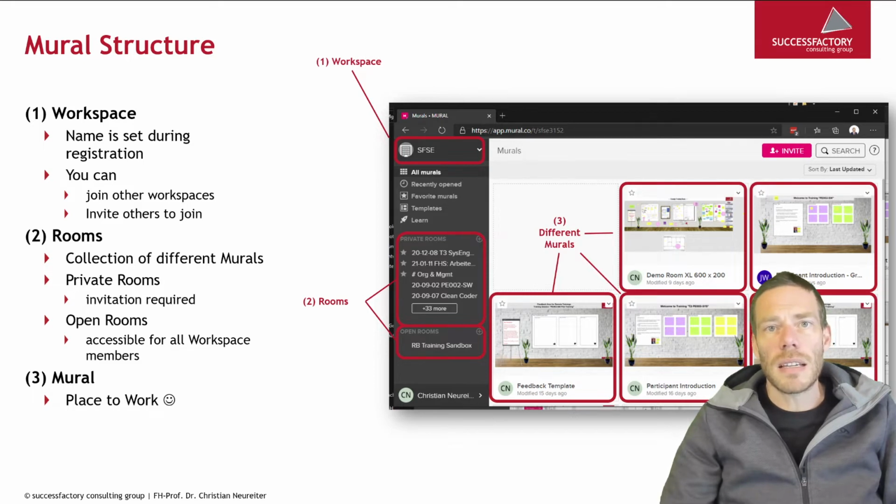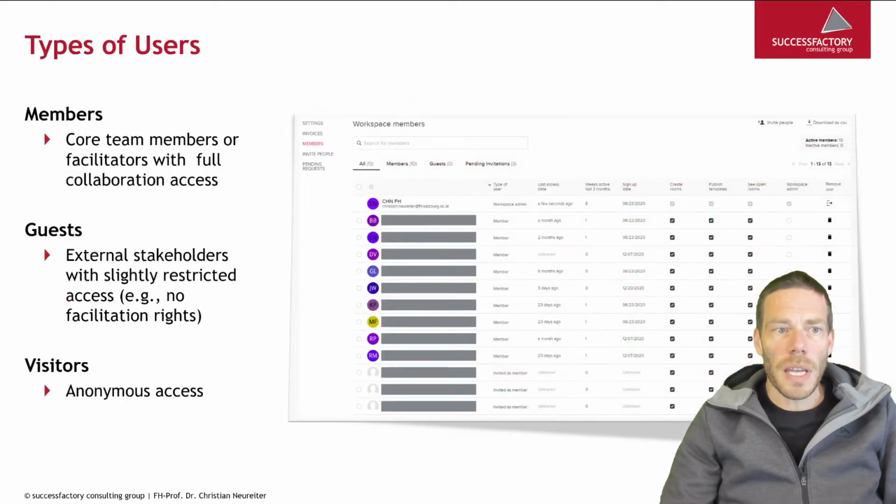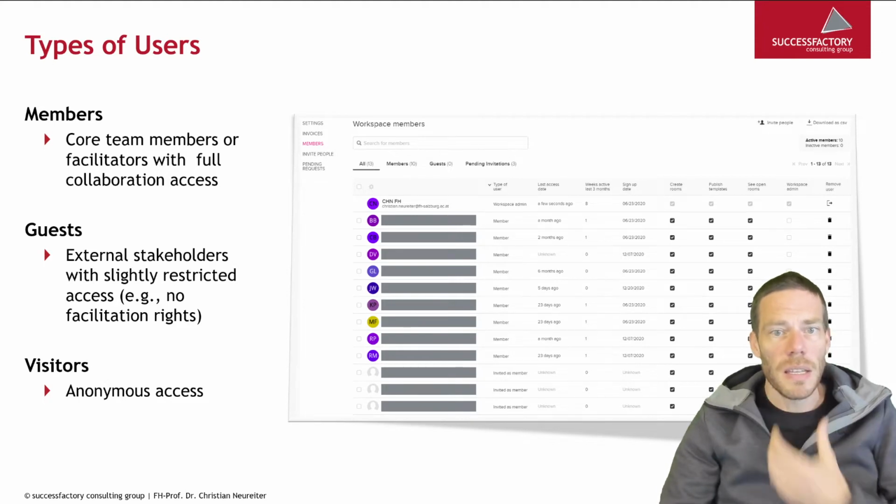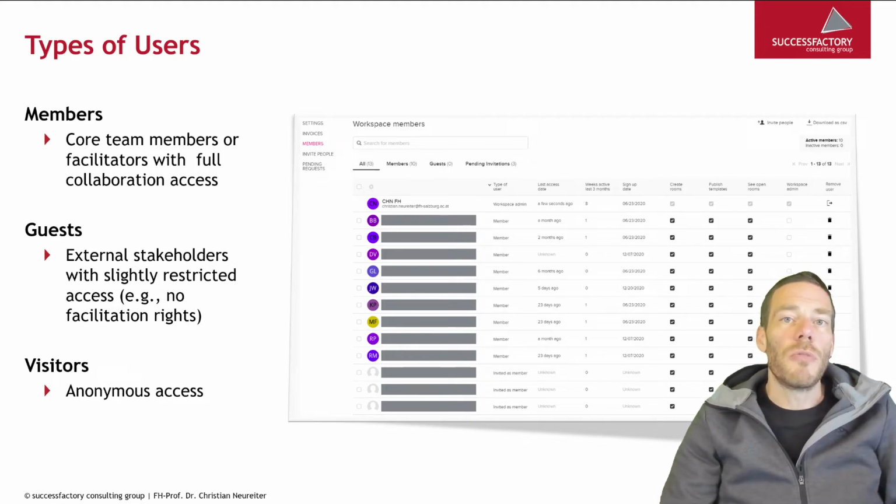And now let's take a closer look at how to integrate people in our rooms and our murals. So we have different options for cooperation or for integrating people. The first one is to add someone as a member.